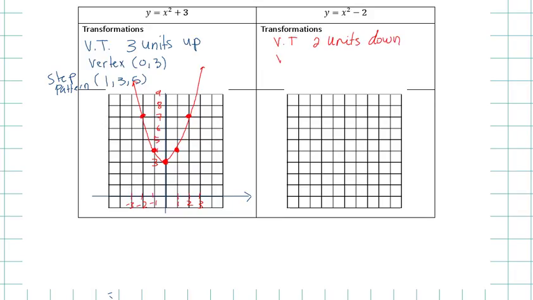Step pattern: 1, 3, 5. Locate the vertex. So the vertex is at (0, -2). So it's right here.